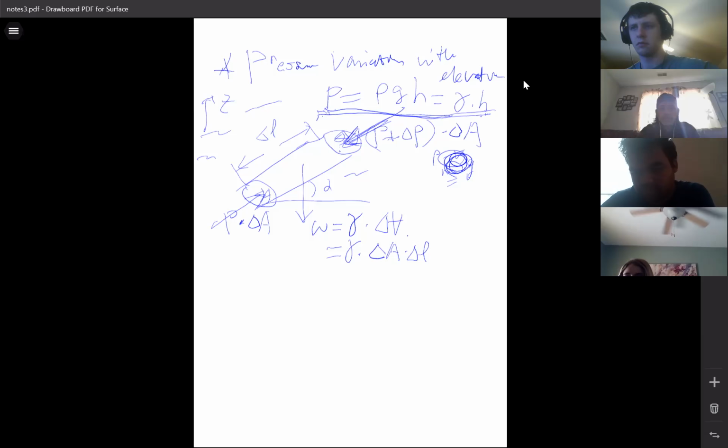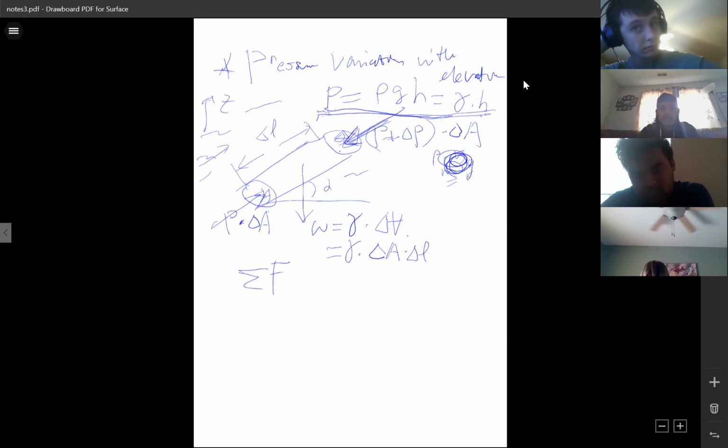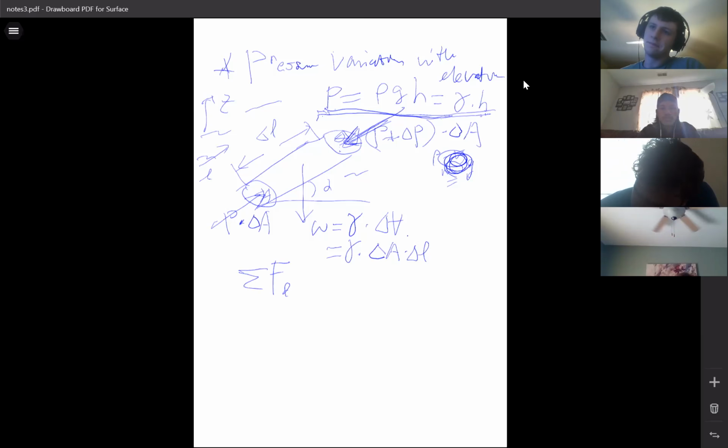Summation of force along which direction? Let's say along this element direction, the L direction. If we put it on a slope, you want to put the force balance along the slope direction. Remember the board sliding down the ramp? We looked at the force balance along the slope.